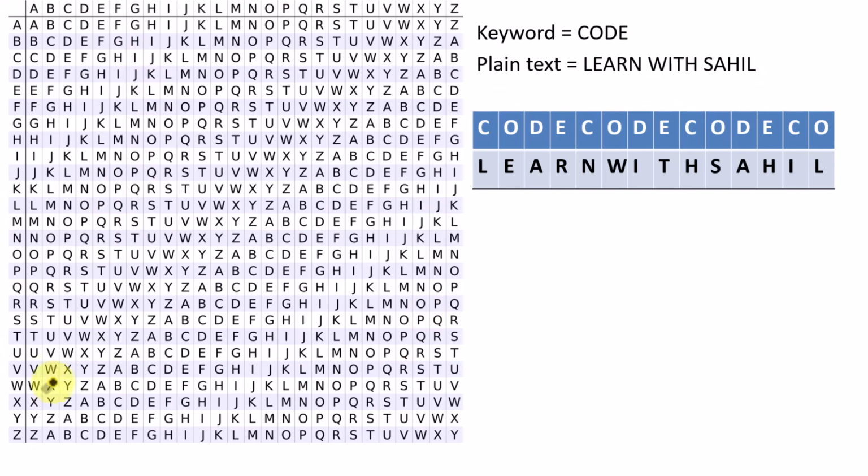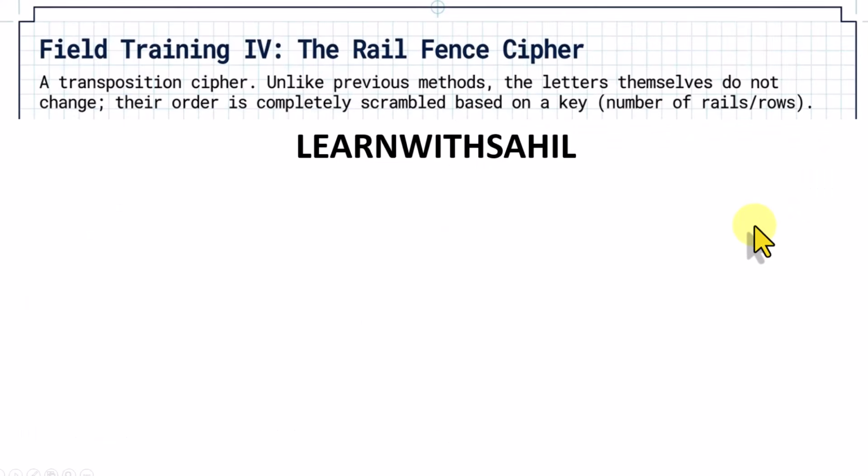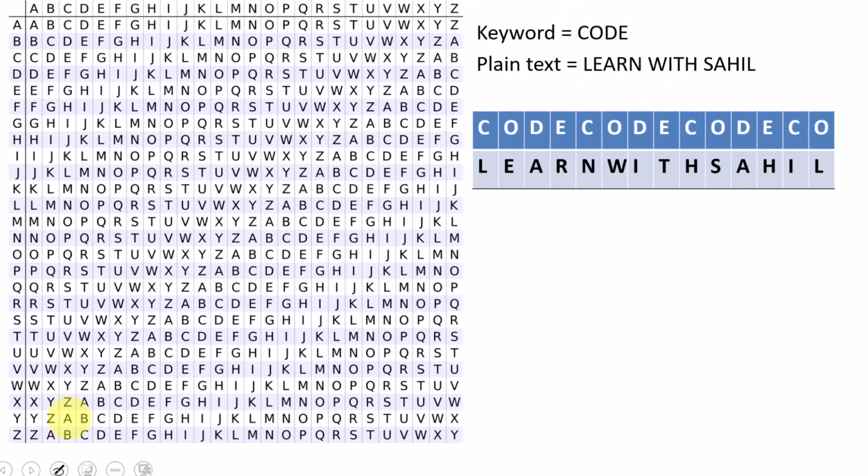So this is a complete table of Vigenère encryption, and simply how that works. Our keyword here is code, and our plain text is learn with Sahil. We write our code repeatedly, and we write our text. See how it works.